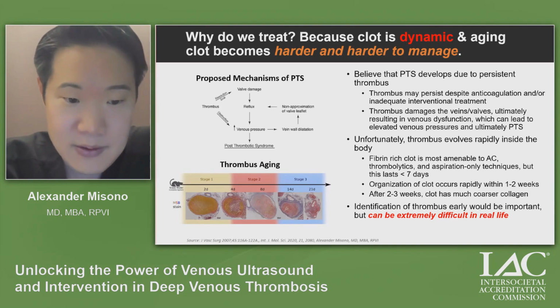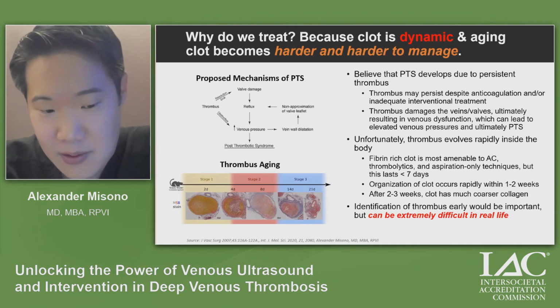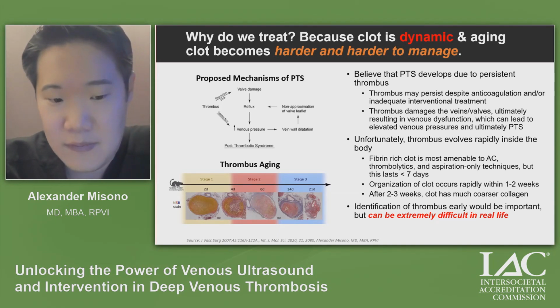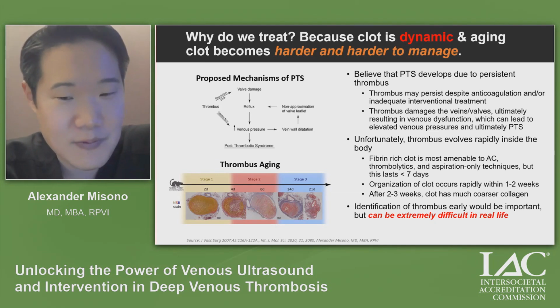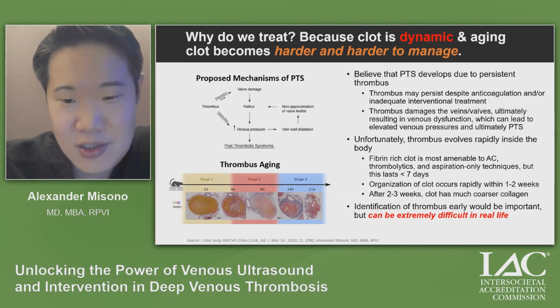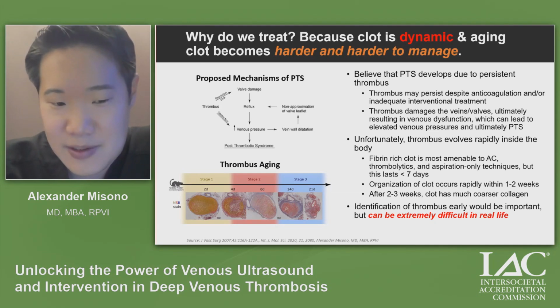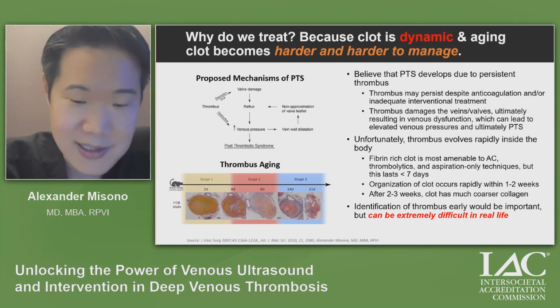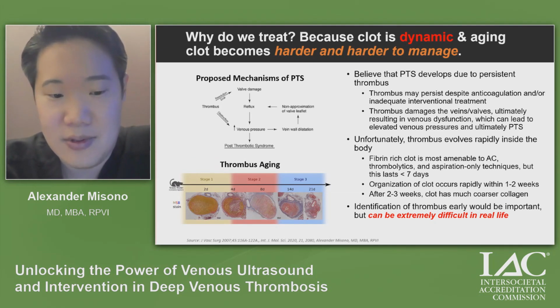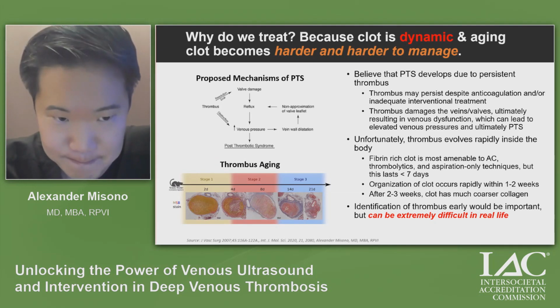What we found by looking in animal models and watching how thrombus would evolve is that thrombus changes very rapidly from an almost liquid, gelatinous kind of substance, which will be amenable to anticoagulation, into more scar-like tissue extraordinarily rapidly.